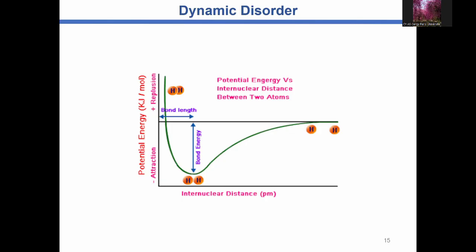Which means that the molecule has more freedom to do specific movements, for instance, rotation or translation between the nuclei. So we have this behavior of the electronic structure.